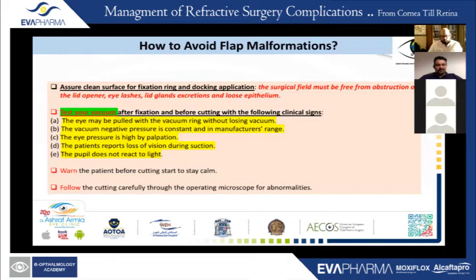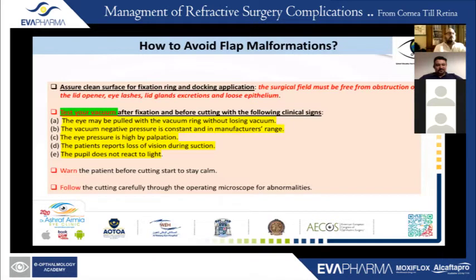How to check your vacuum? There are 5 signs to check that you are in a good vacuum before you start your motor or the laser. The eye must be pulled with the vacuum ring without losing the vacuum. The vacuum negative pressure is constant and in the manufacturer range.